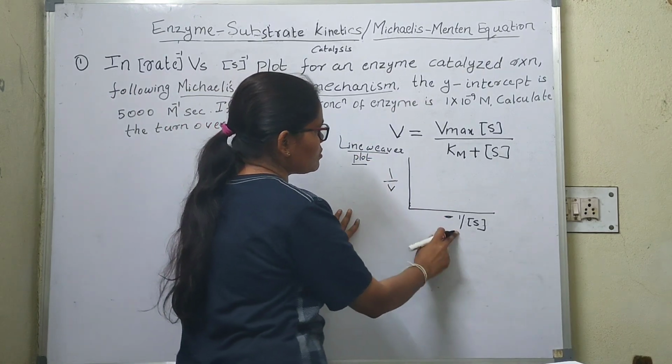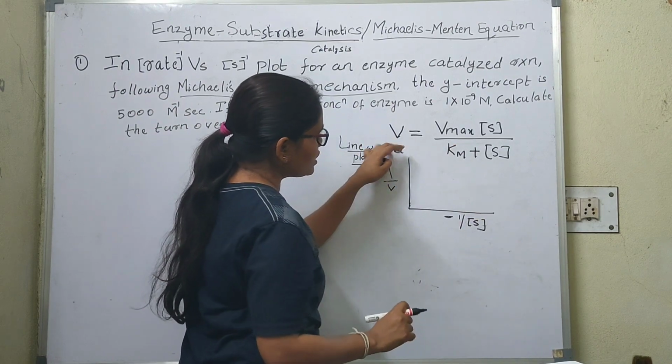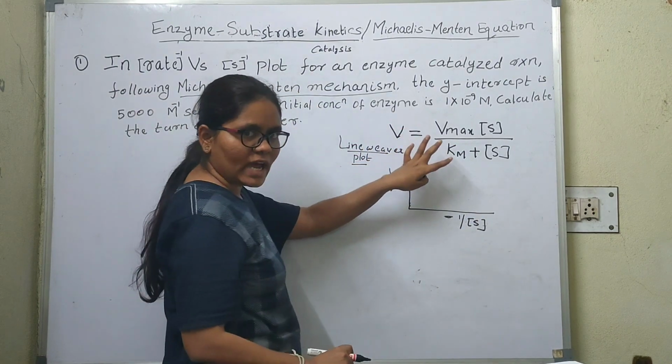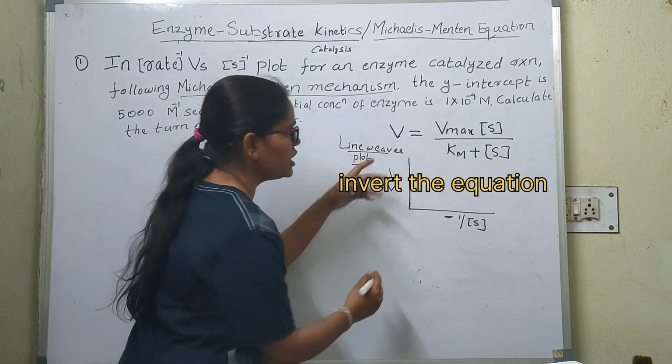Now how do we obtain this plot? I can write this equation in the form of 1 over V. For that I need to invert this equation.